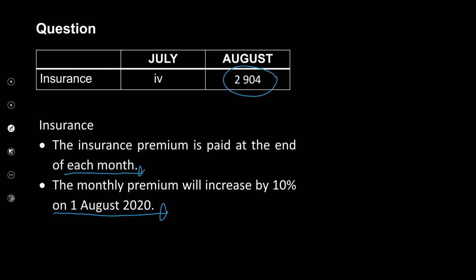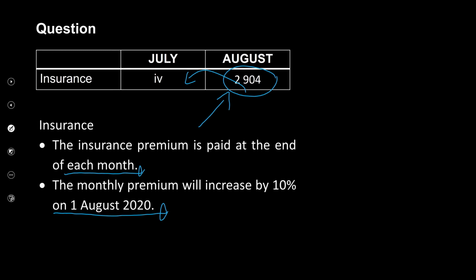However, the monthly premium will increase by 10% on the 1st of August. So this figure here, the 2,904, includes the 10%. It has the new premium built into it already. The question wants you to calculate the previous month's premium. Can you see that? So a totally different angle to this question.